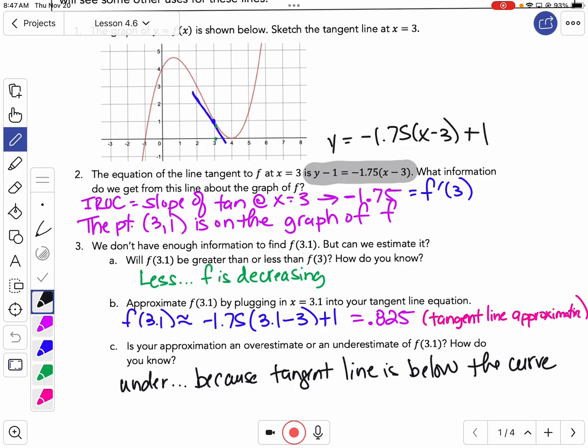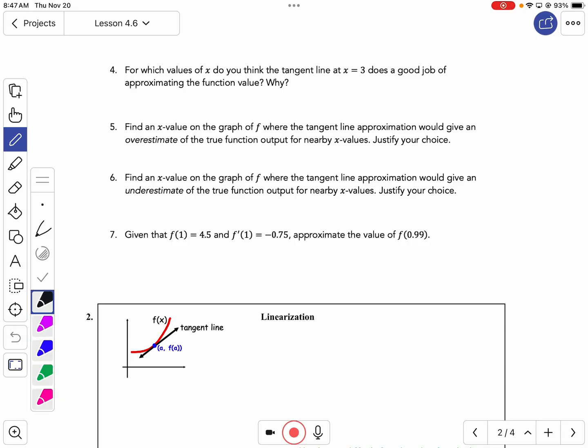It can just be a general set of values. Okay? Well, would it be a good approximation at 2? Would the tangent line approximate the values of the function at 2 very well? No. Would it approximate the values of the function at 6 very well? No. In fact, that line has a totally different slope. So we would have to pick values that are very close to 3.